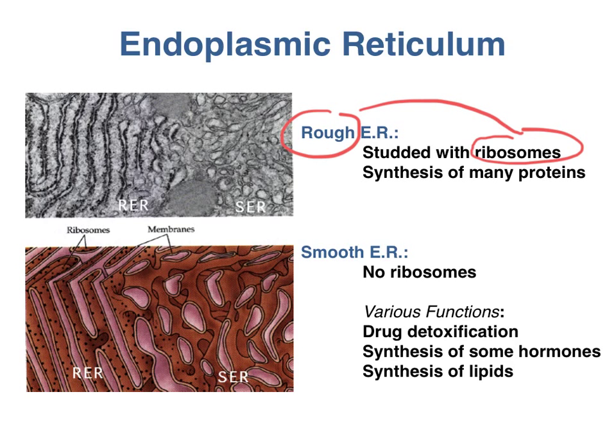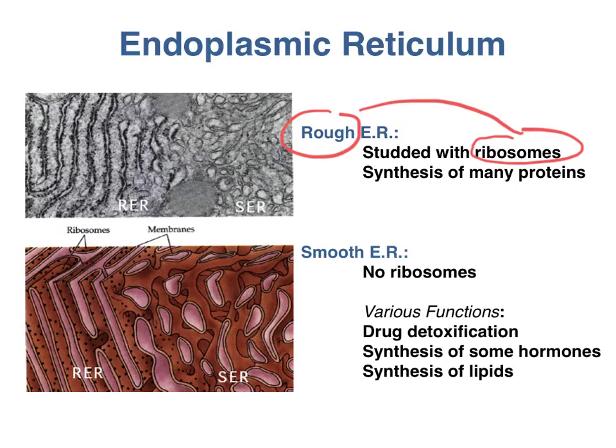It's the ribosomes that make the rough ER rough. And ribosomes are absolutely critical for making proteins. So one of the major functions of the rough ER is making lots and lots of proteins. You do have ribosomes that aren't attached to the rough ER, but a lot of them are.